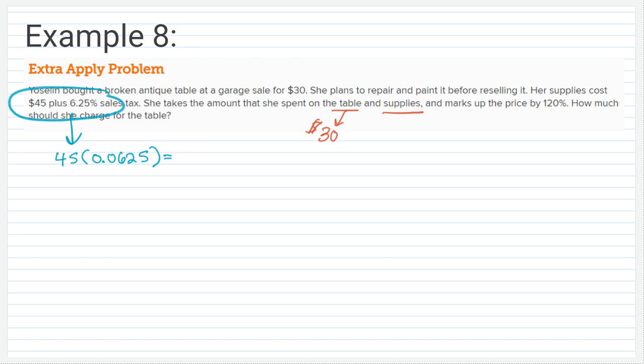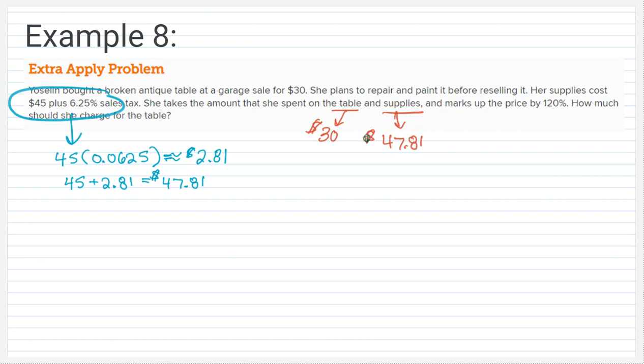So 45 multiplied by that percent as a decimal gives us approximately $2.81. So the amount that she spent on her supplies is going to be $45 plus the $2.81, which again was the amount of tax. So she spent a total of $47.81 on supplies.